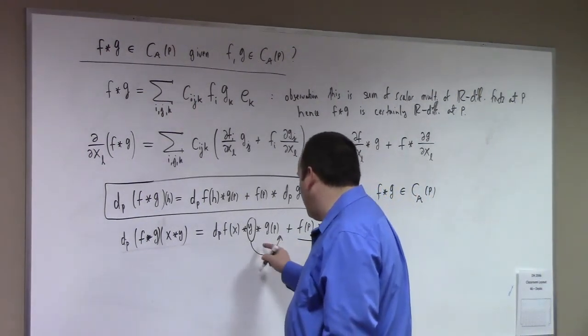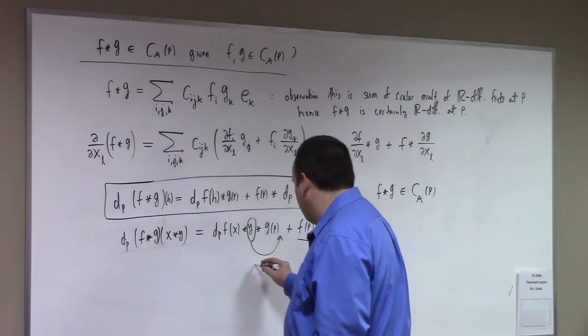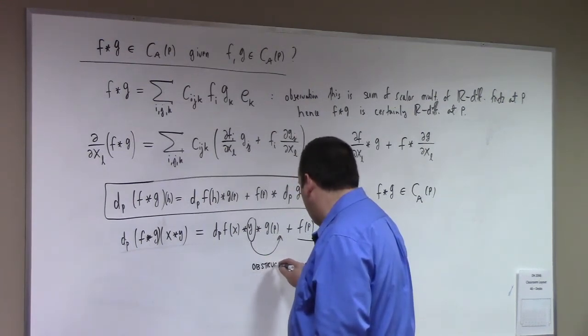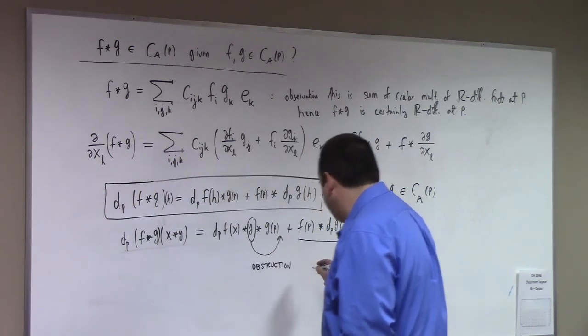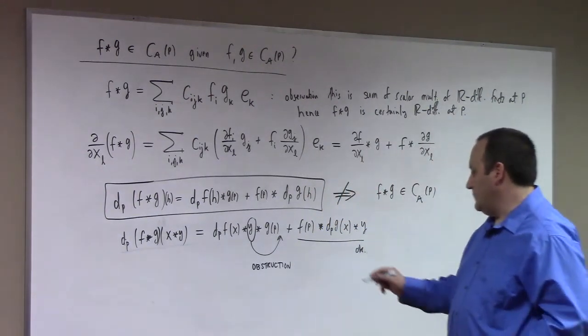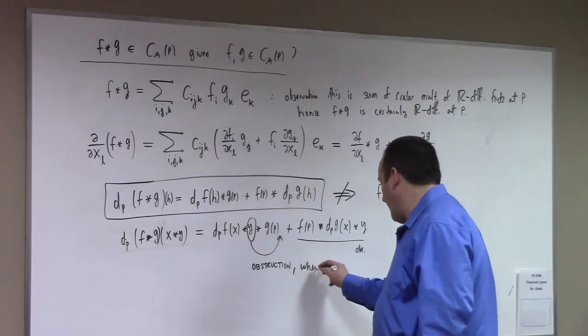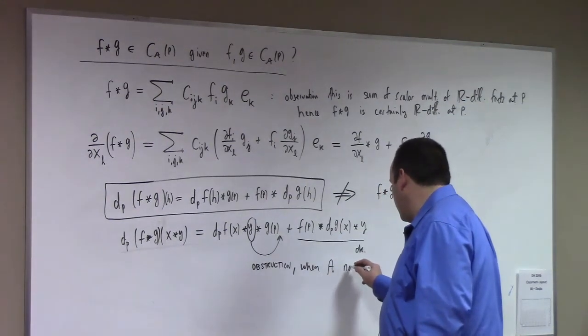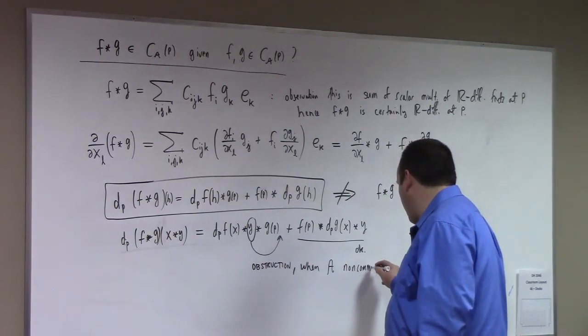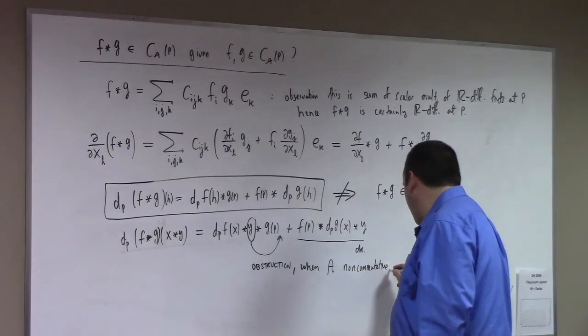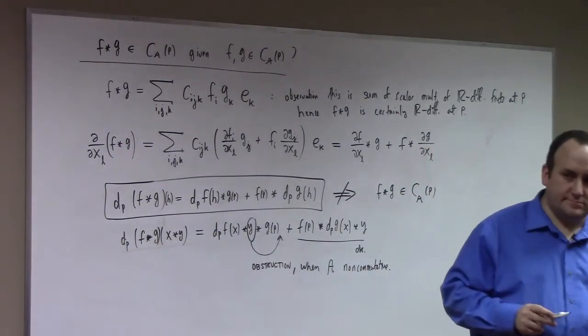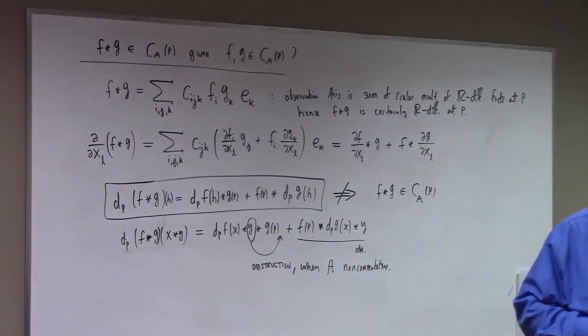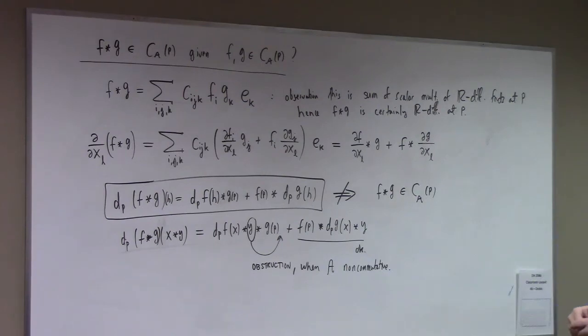So generally speaking, this is an obstruction when A is non-commutative. In fact, it's a pretty severe obstruction.